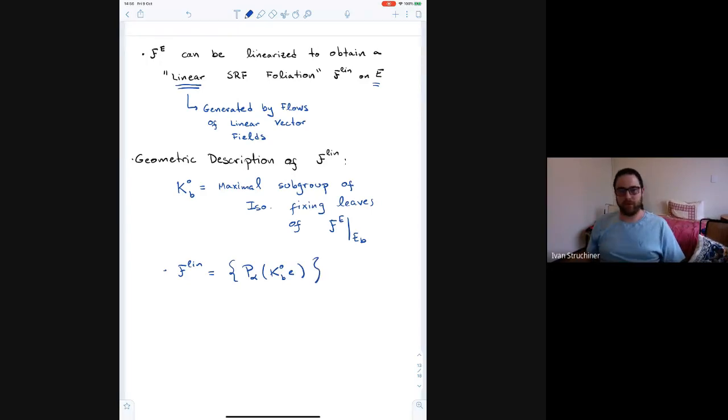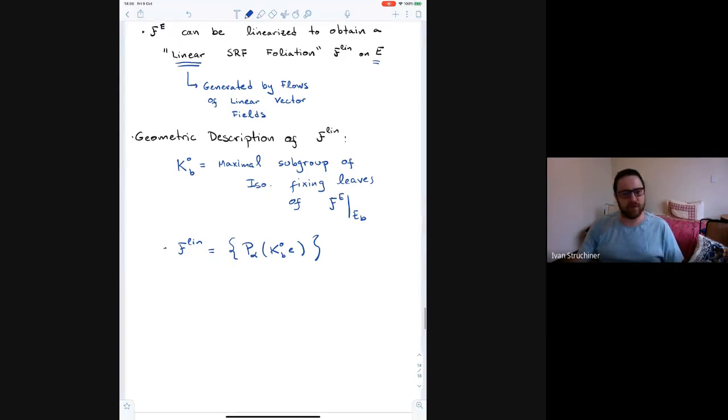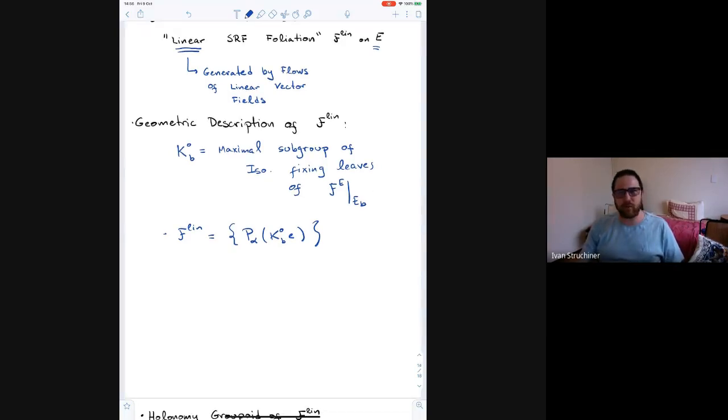So this is the foliation. It's a very simple foliation, but it captures a lot of the geometry of the original foliation.